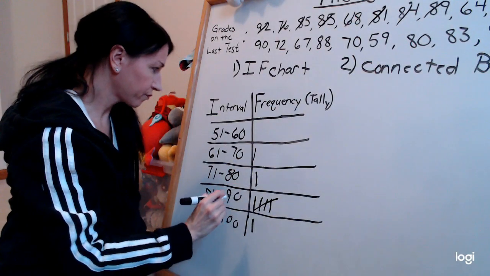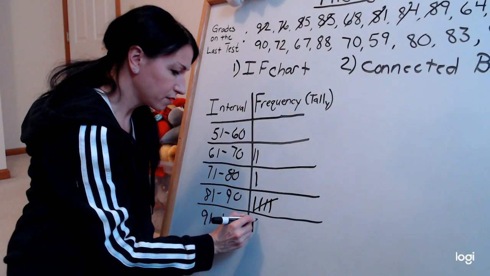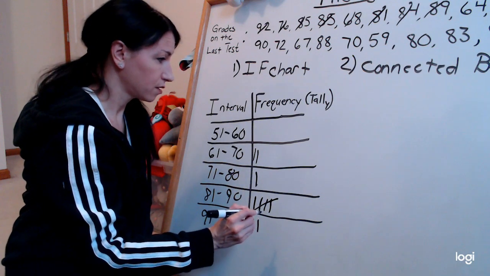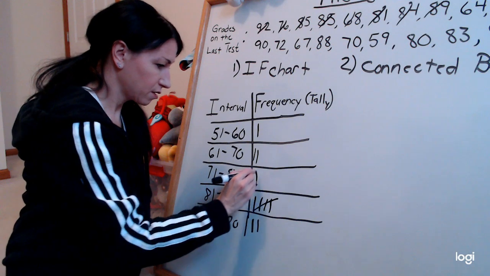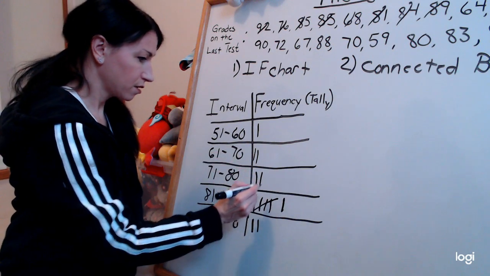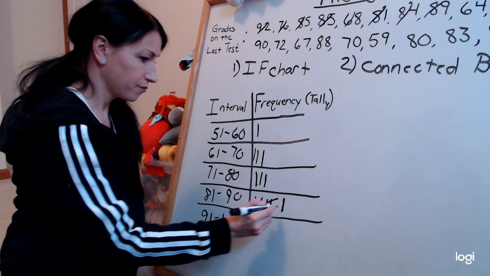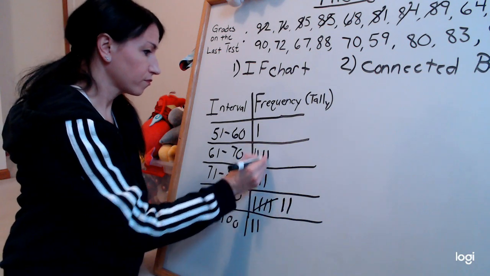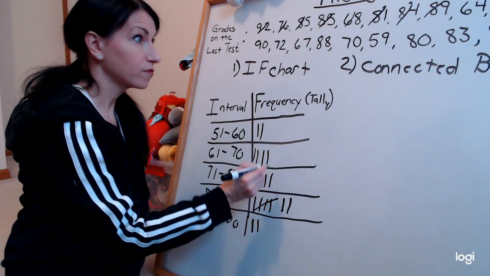Okay. 64. 97. 55. 77. 90. 72. 67. 88. 70. 59. 80. 83.